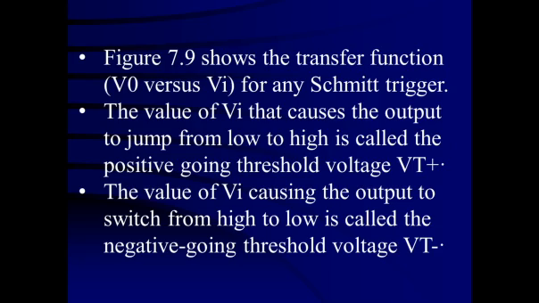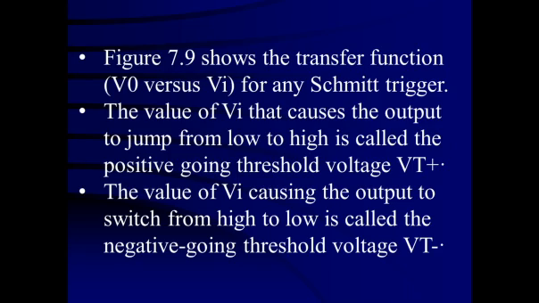Normally the output remains low, that is our requirement, that is the stable state. When you increase the input voltage and at one particular threshold input voltage the output switches from low state to high state, that input voltage is called VTH plus, the positive going threshold voltage.